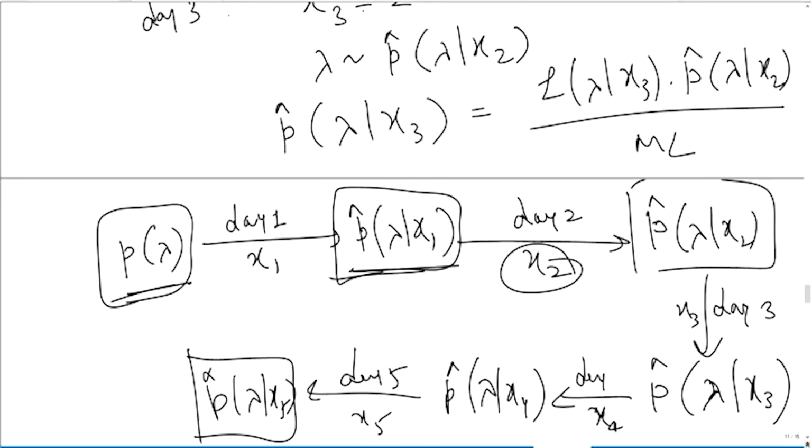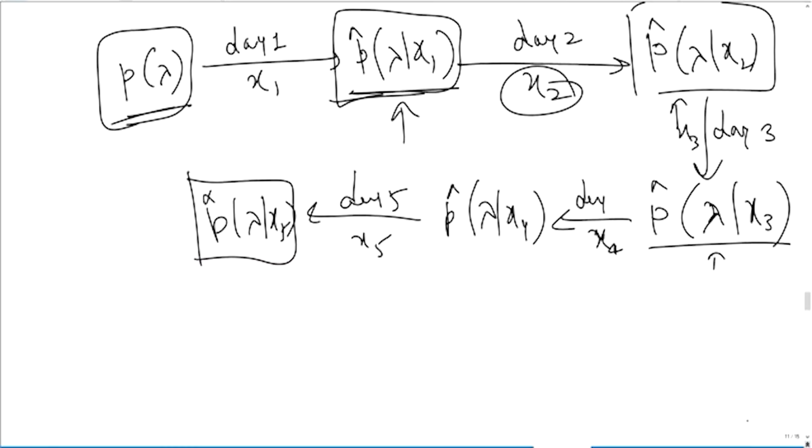This is what we call Bayesian learning, because your prior belief will now change, because the posterior is telling you that under your prior assumptions and likelihood and given this data, you are learning something from the data, and you are also learning from your prior belief what is your new updated belief about lambda. Okay. So, each of these posteriors is a new updated belief after seeing that day's data. Okay. This is called Bayesian learning.